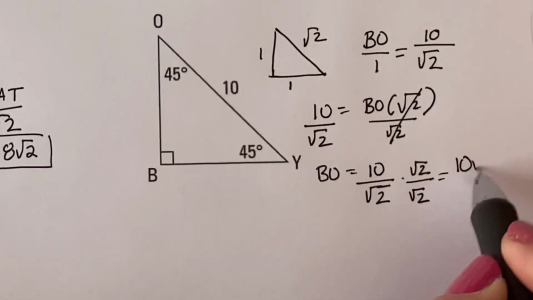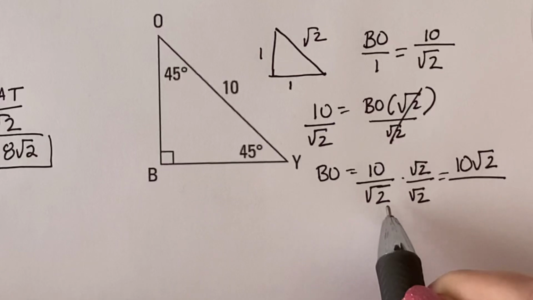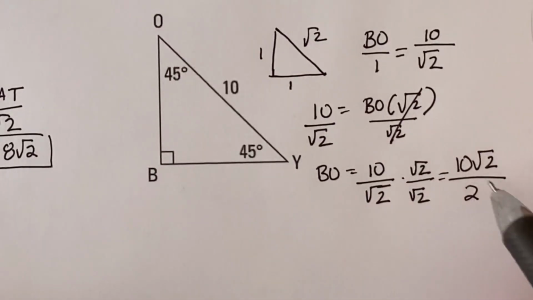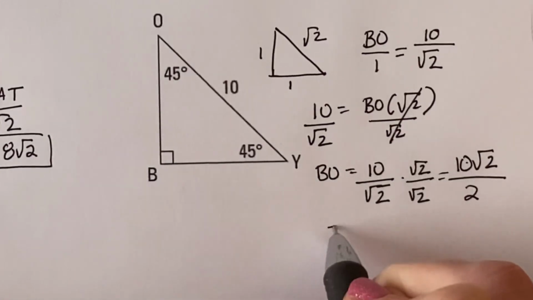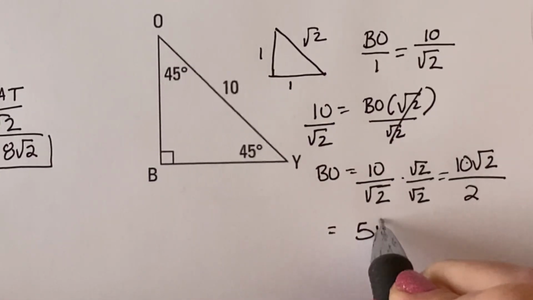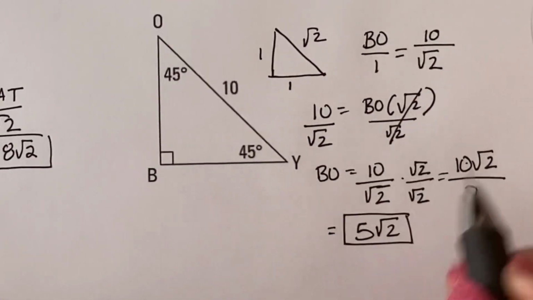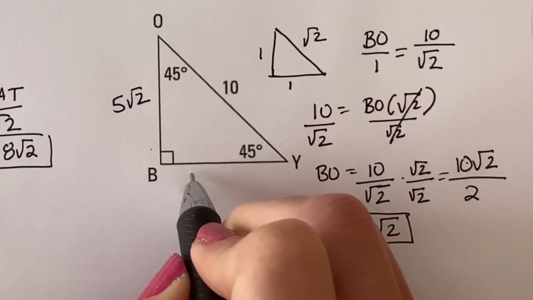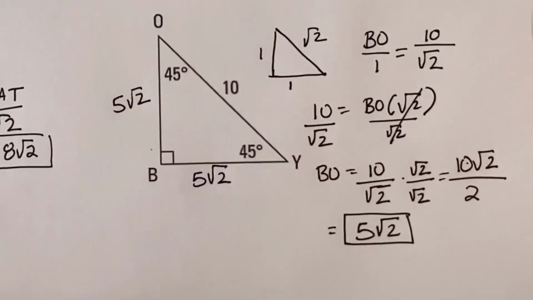We get 10 times the square root of 2 over square root of 2 times square root of 2, which is just 2. And I can simplify 10 over 2 to be 5 times the square root of 2. So this is 5 root 2, and since these are both equal, this other leg will also be 5 root 2.